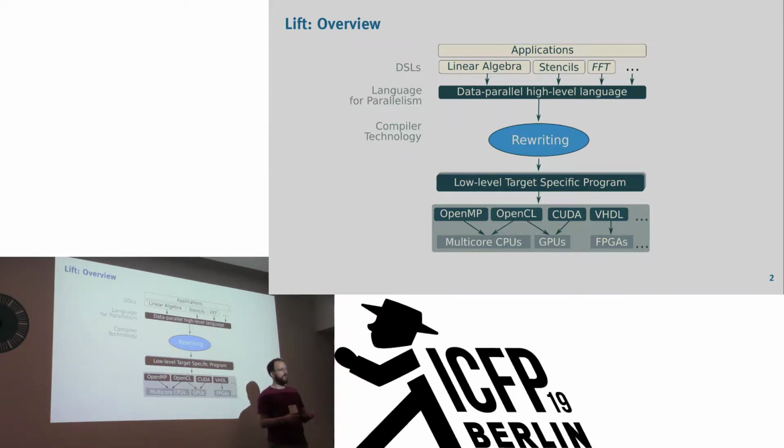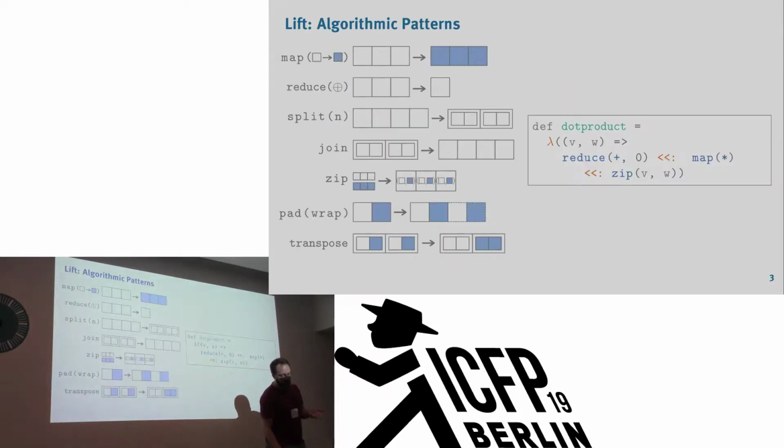From these low-level target-specific programs, we can generate code for different targets, like OpenMP for multi-core CPUs or OpenCL for GPUs, and so forth.